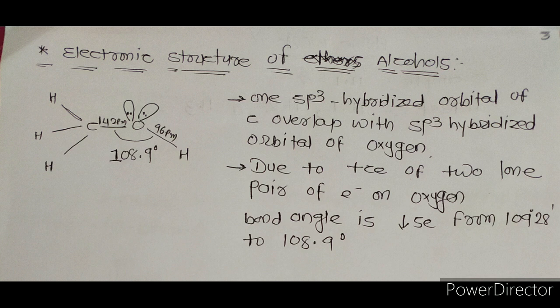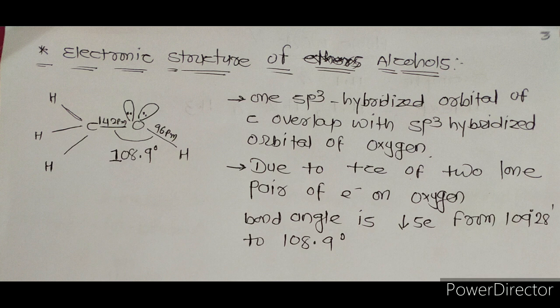The remaining three sp3 hybridized orbitals of carbon form sigma bonds with the 1s orbitals of hydrogen. After the formation of the sigma bond between carbon and oxygen, oxygen forms one more sigma bond with the 1s orbital of a hydrogen atom.